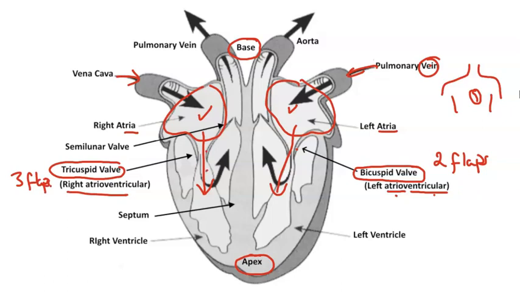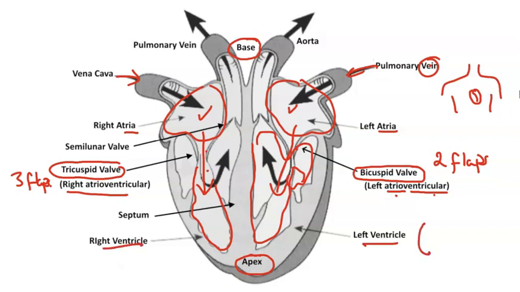Blood then passes down and into the larger pumping chambers of the heart, as outlined here. You'll notice that the left ventricle is considerably larger than the right ventricle.